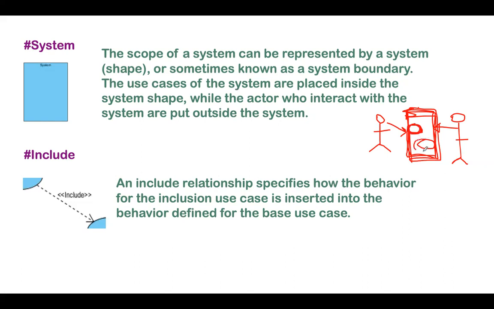It is because this is what a system should do. And the reason why actors are placed outside the system is because they are external. They just interact with the system.